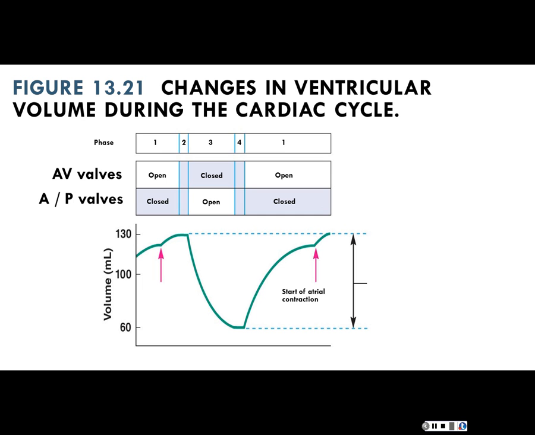So the end diastolic volume is the volume of blood in the left ventricle at the end of diastole. So at the end of relaxation, it's filled up. So when it's done filling up, the volume is high, the greatest that it will be.